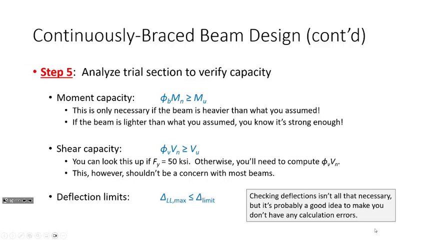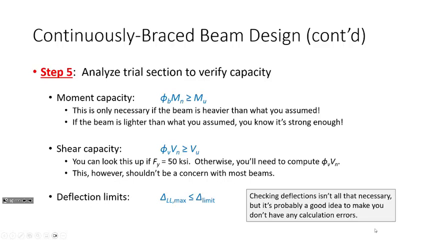However, I'll say that even if that's not the case, in discretely braced beam design, it becomes more important to analyze because of a particular quirk with some of our design expressions regarding a term called CB.